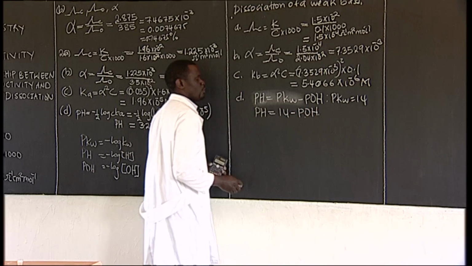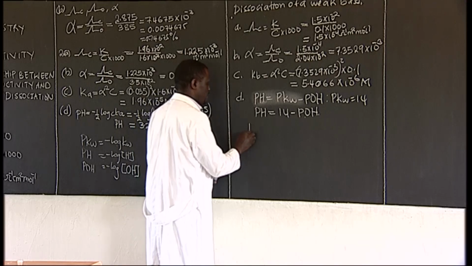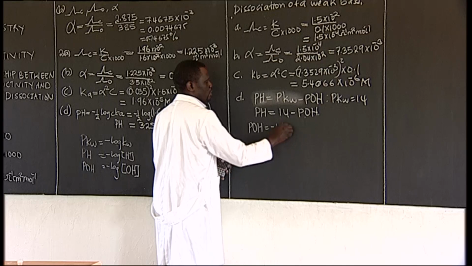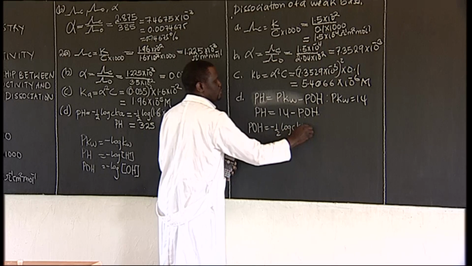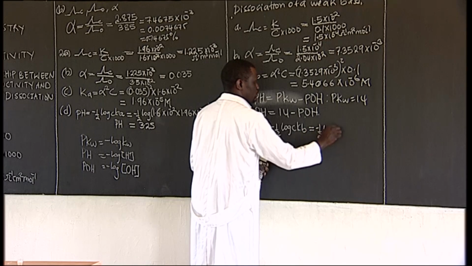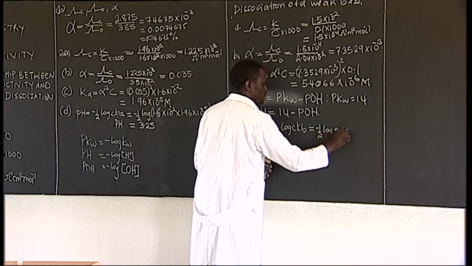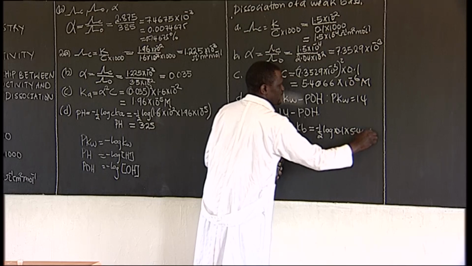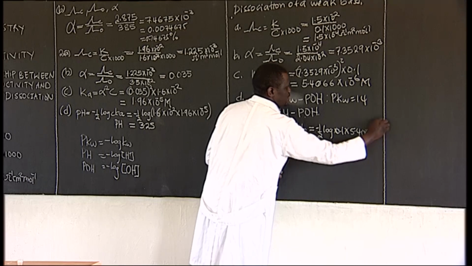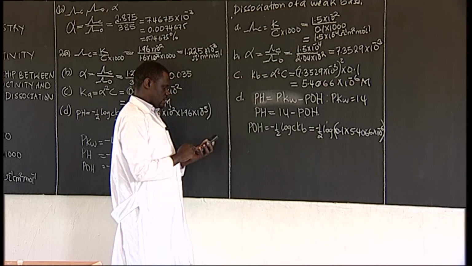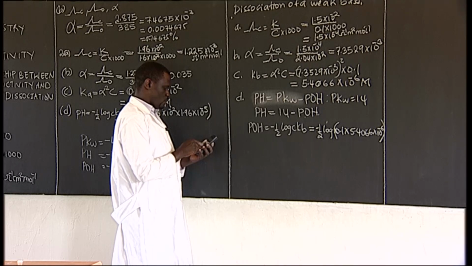So we are going to find the pOH. How do we find pOH? From the definition, pOH is equal to negative ½ log Kb times C. So we can substitute very quickly: negative ½ log of 0.1 times 5.4066 times 10 to the power negative 6.